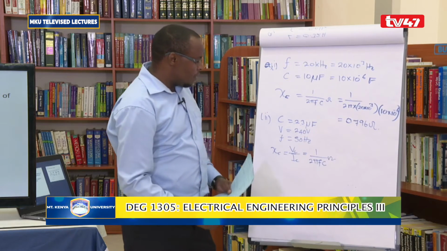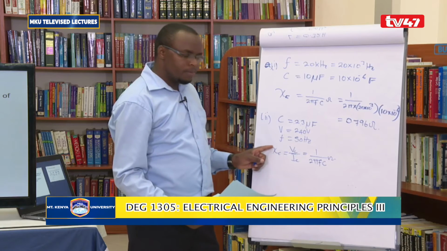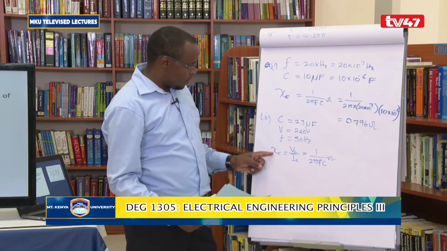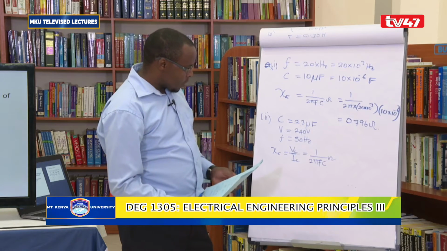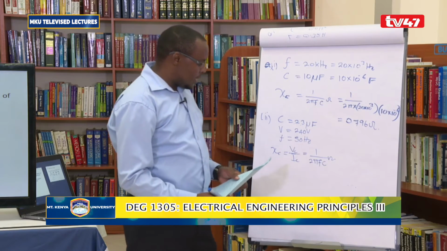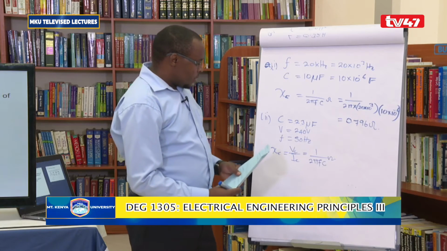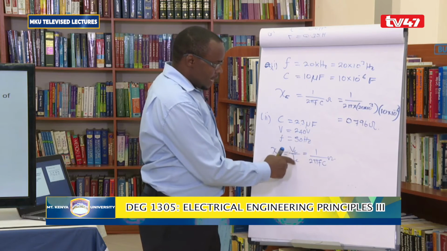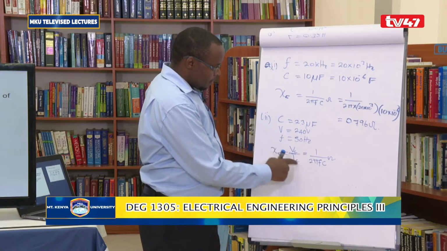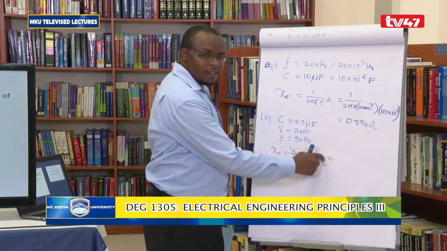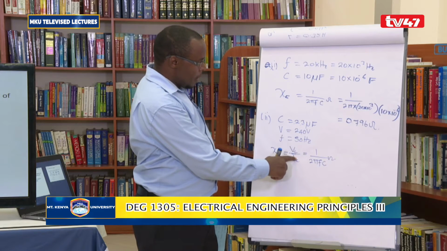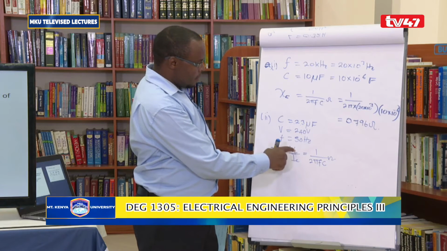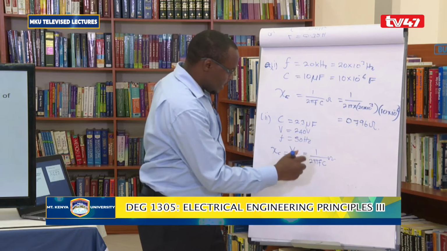So first of all, you have to get the value of this reactance, so that you make I the subject of the formula, such that I is going to be given by VC. So let's work this one out.